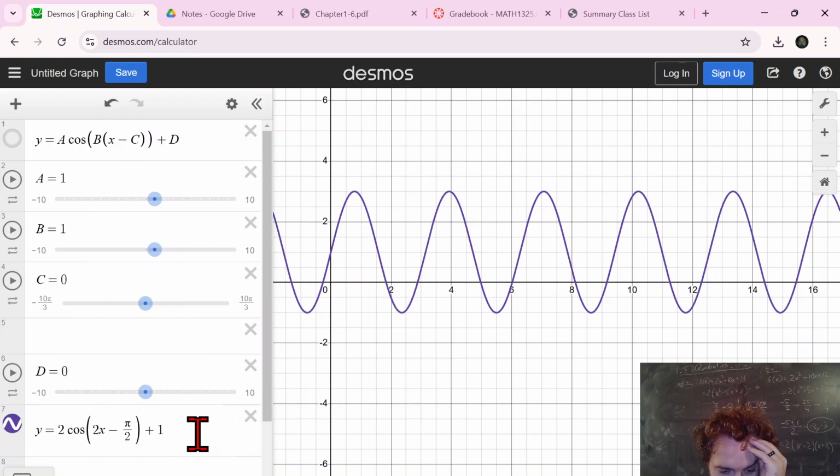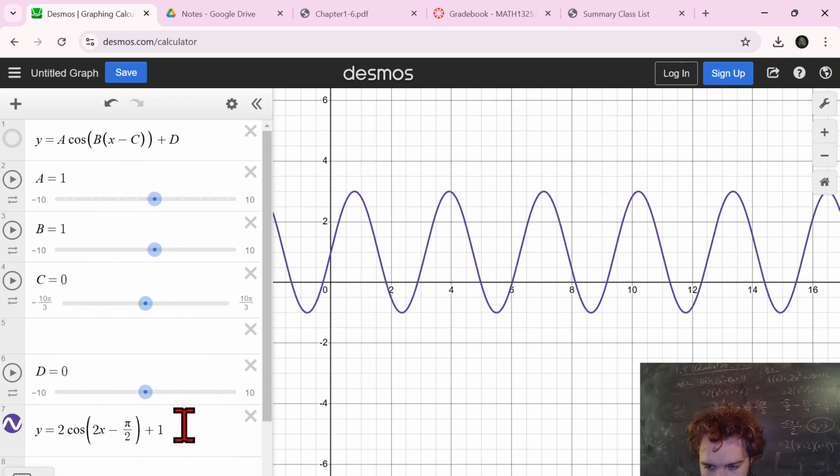The goal here is to determine what the period of this is and what the phase shift of this is. Commonly students will make mistakes when answering these types of questions because they'll say that the phase shift is pi over 2, because they look at it and it's the plus or minus after the x within the argument of the trigonometric function.